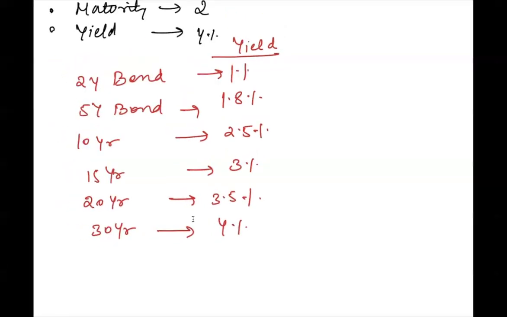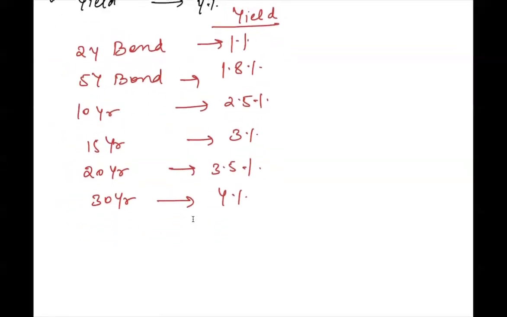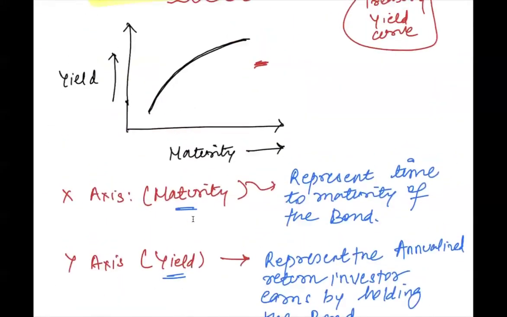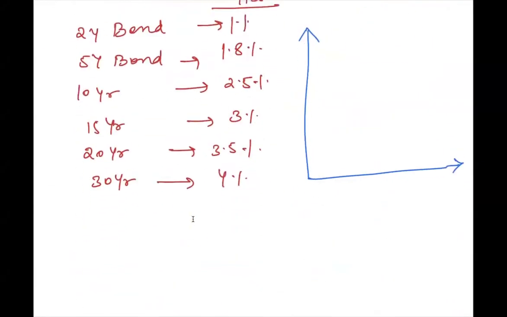Okay, so how will you draw a yield curve? We know that maturity is here and yield is here, right? So we'll plot all the maturities, which is 2 year, 5 year, 10, 15 year, 20 year, and 30 year.